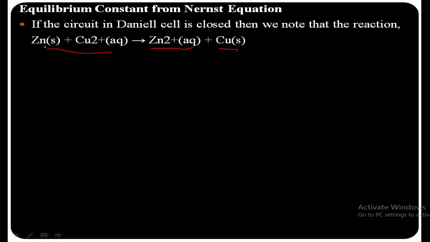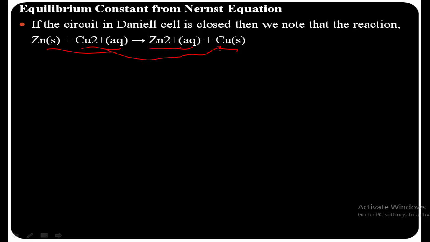Zn is a solid. It loses electrons, meaning it oxidizes and gets converted into Zn2+. And Cu2+, which is present in aqueous form, gets reduced to Cu.